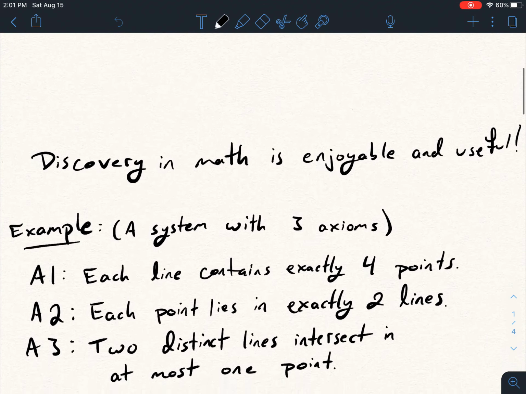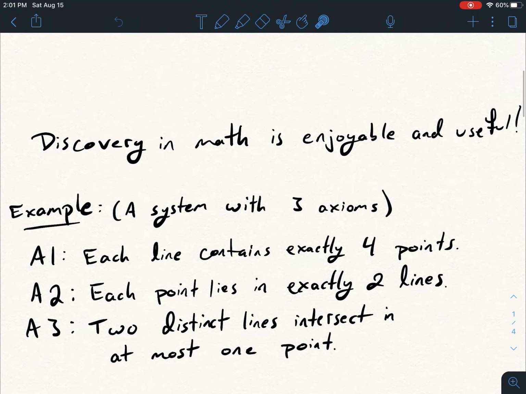The third axiom is that 2 distinct lines intersect in at most 1 point. Okay, so our system has lines, it has points, and then our axioms are telling us some properties about lines and points. Keep in mind, lines and points are just undefined terms here. We'll be talking more about undefined terms in axiomatic systems later.